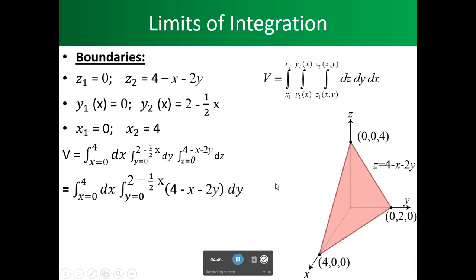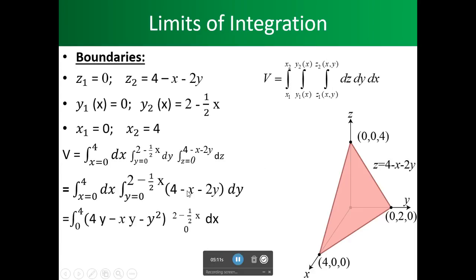And if we solve this equation, when we do our dz, we just get z, and then the lower limit goes to 0, so all we have is our upper limit, which is 4 minus x minus 2y. Now we're going to integrate in reference to dy.